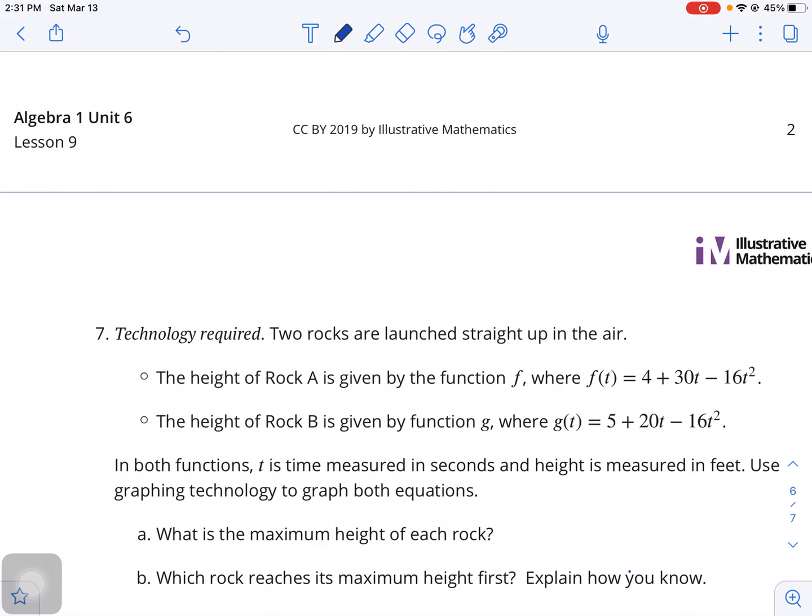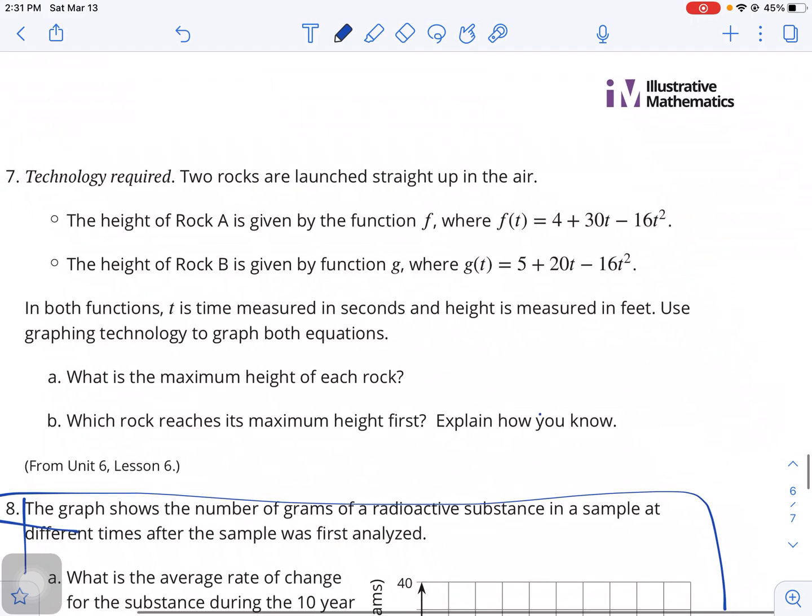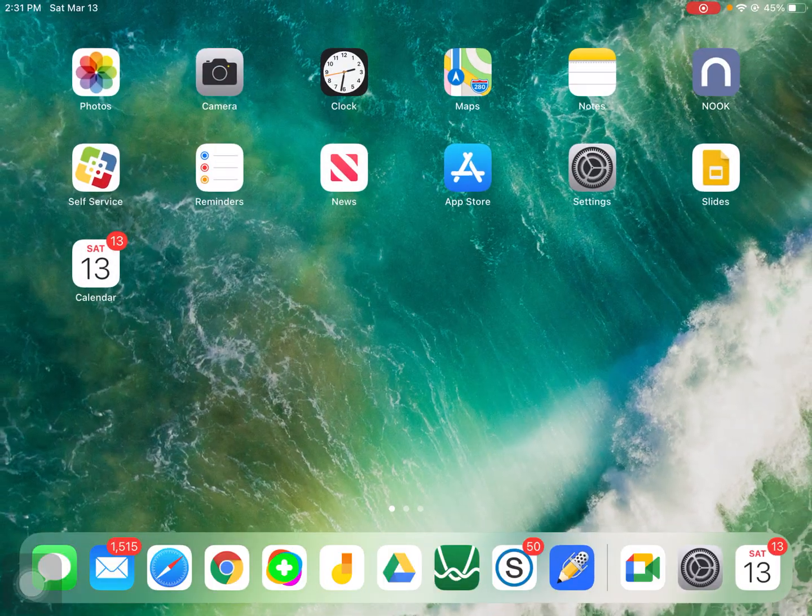This is from 9. Okay, so let's see. So we have these two functions.